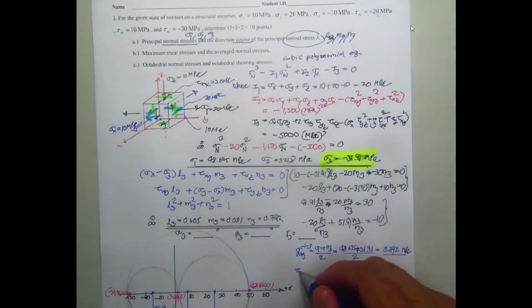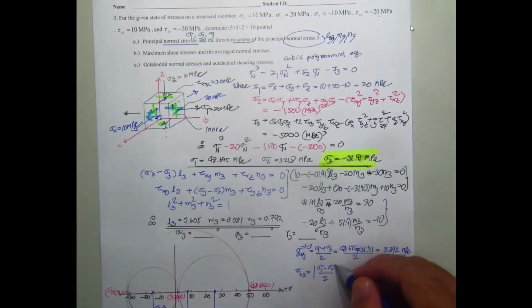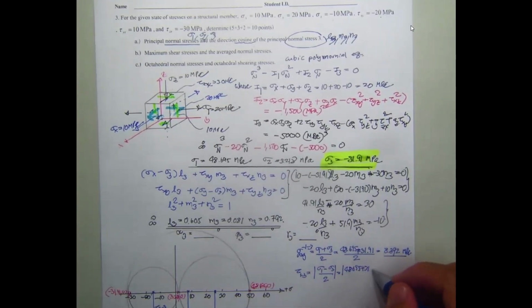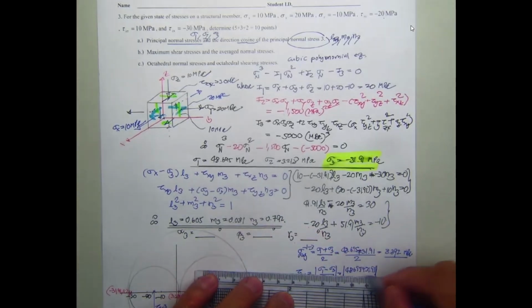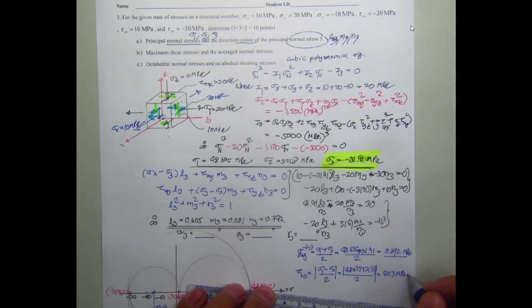And then you may determine tau. That's going to be sigma 1 minus sigma 3 over 2. That's going to be tau 1, 3, absolute sigma 1 minus sigma 3 over 2, absolute 48.695 plus 31.91 divided by 2. You should get 40.3 megapascal.